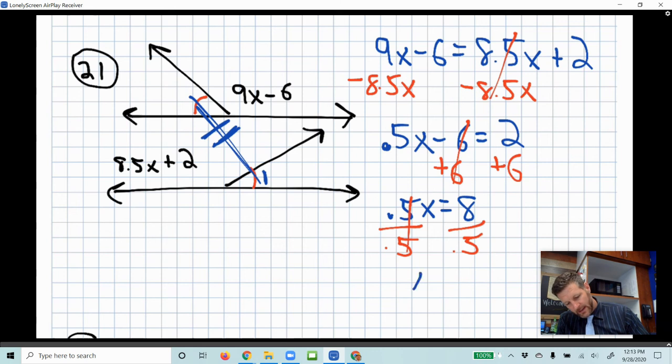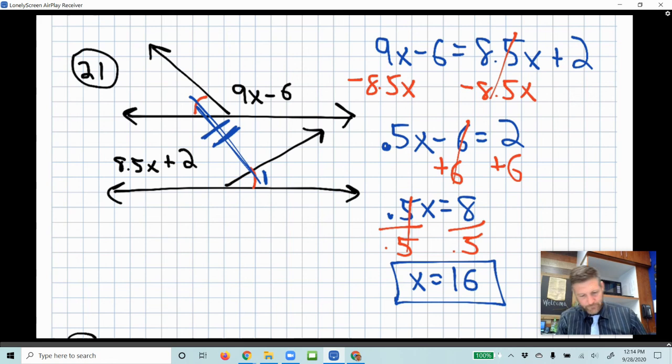And so now I can see that x is equal to, well, how many halves go into 8? If half, that would be 16. Or if you want to do it in the calculator, that's fine, but x is equal to 16. And it said for this one, find the value of the variable, so I don't have to plug it back in. I am simply done because I found out that x equals 16.